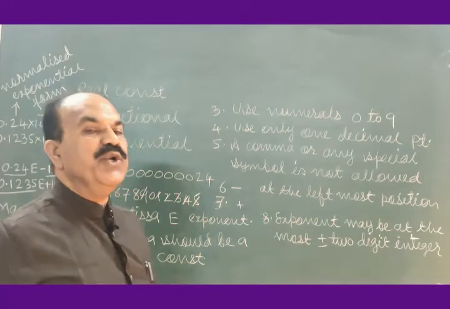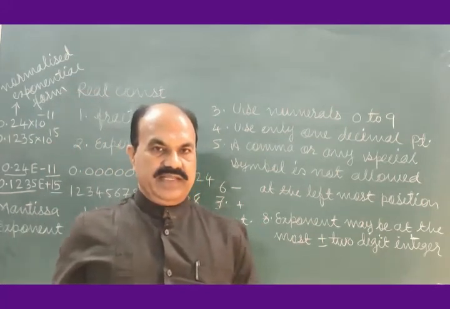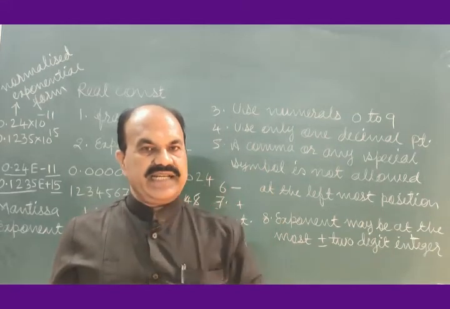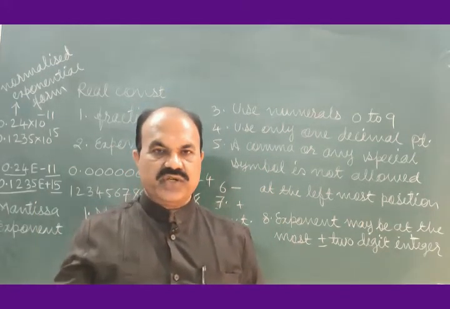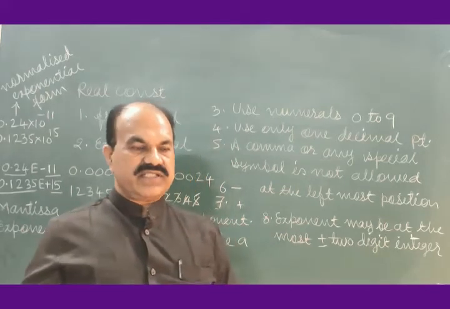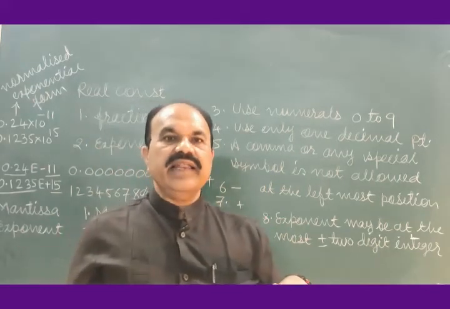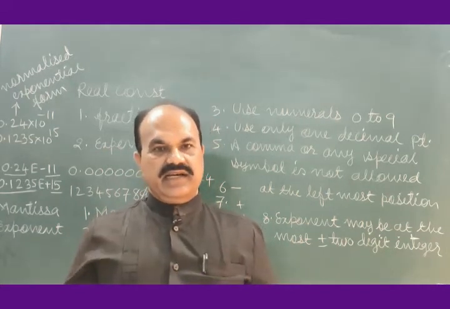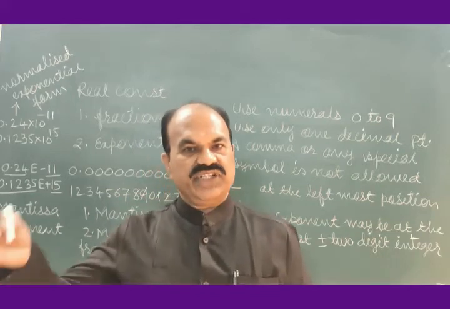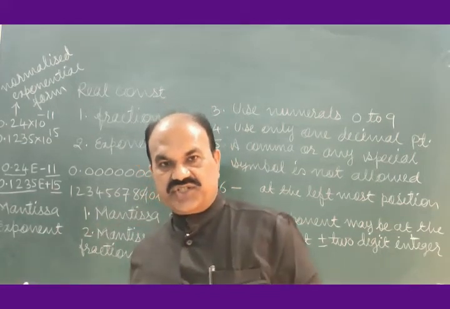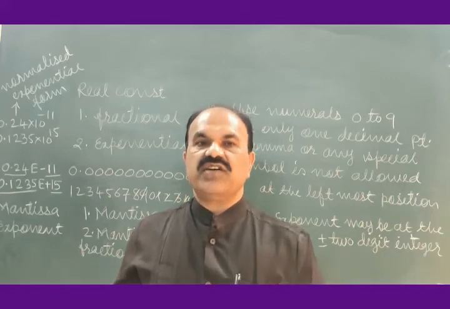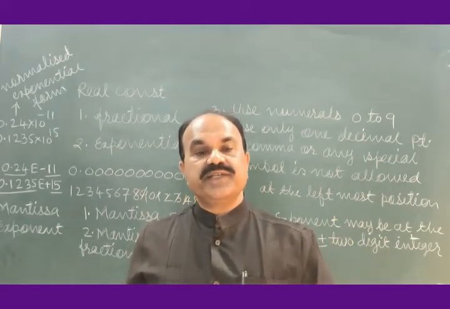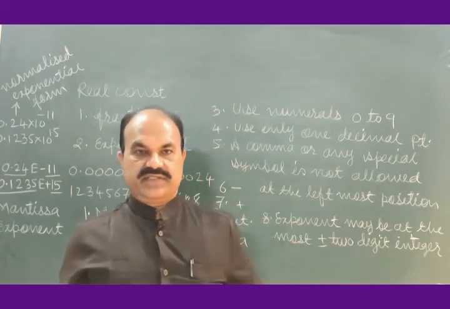This is about the numeric constants. In numeric constants, we have made two general categories: integer or fixed point constant, and second, real or floating point constants. Earlier we talked about integer constants. In this lecture we talked about the fractional form of real constant and exponential form of a real constant.